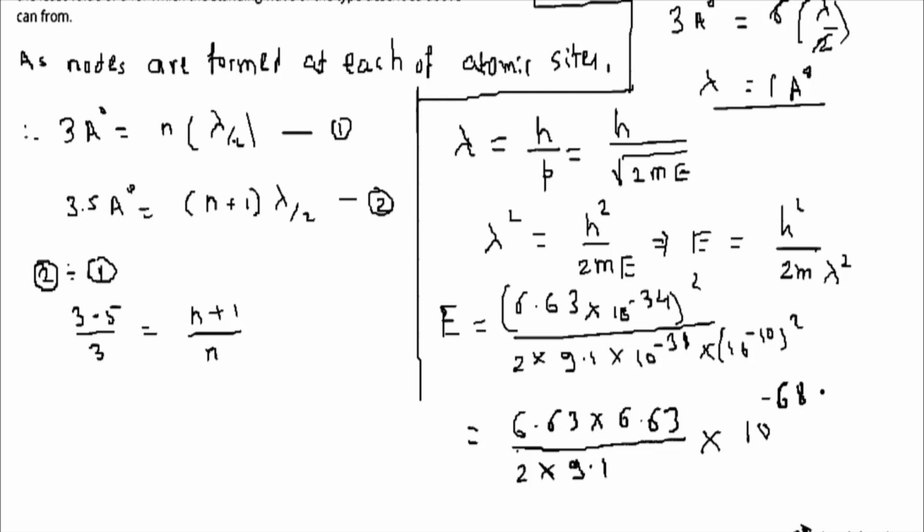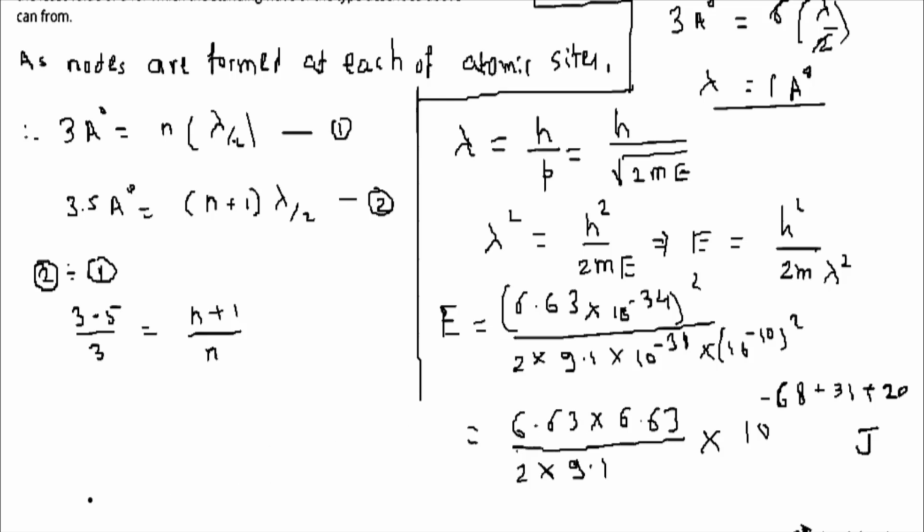So it is minus 68 plus 31 plus 20. All these values are in joule.